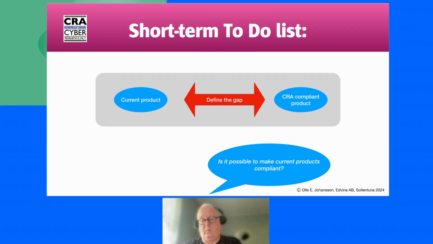So what do you need to do? Well, you need to look at all your current products, and in a very short time, because you have 21 months, 2 years from now, I will guess, if you include the summer, to define the gap and start acting. The big question here is: is it possible to make current products compliant?